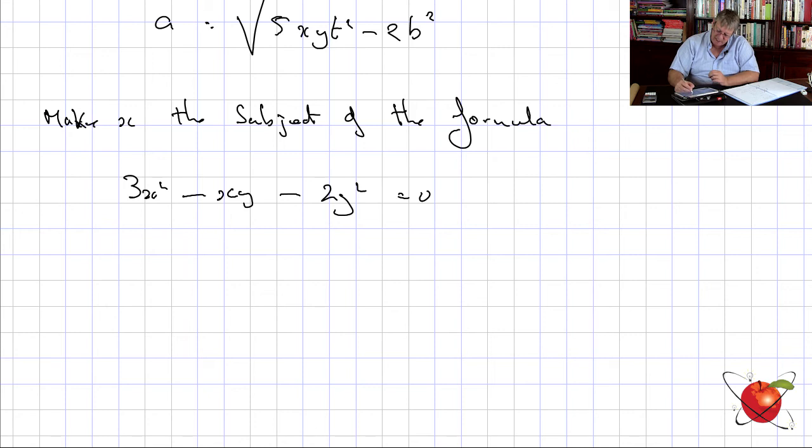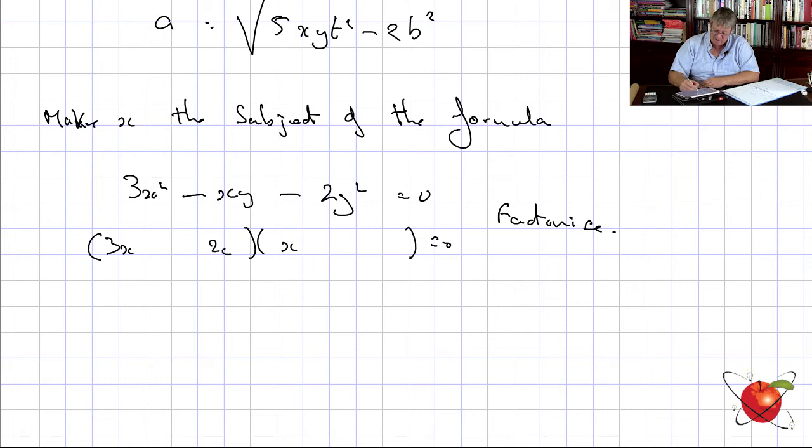The secret here is we factorize. These are special cases that come up occasionally. So let's factorize. First of all, I factorize this like so. 3x, that's my only option, and an x. The only other option is a 2y and a y.